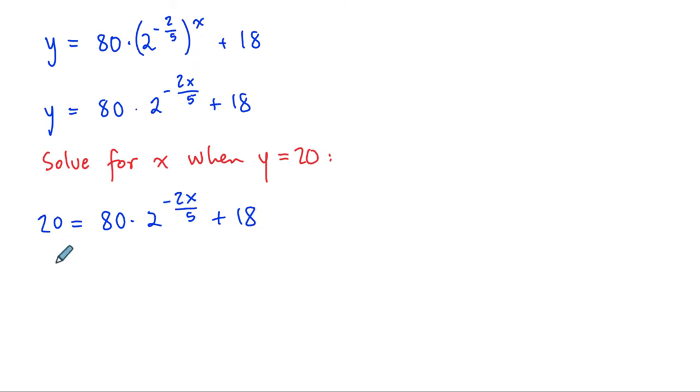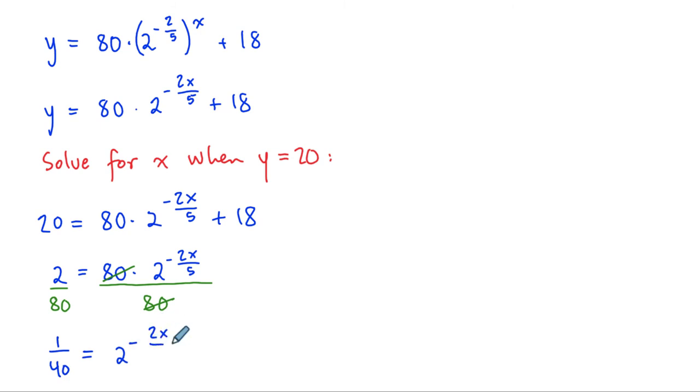So now we subtract 18 from two sides. We get 2 equals 80 times 2 to the negative 2x over 5. We divide both sides of the equation by 80. And we end up with 1 over 40 equals 2 to the negative 2x over 5.